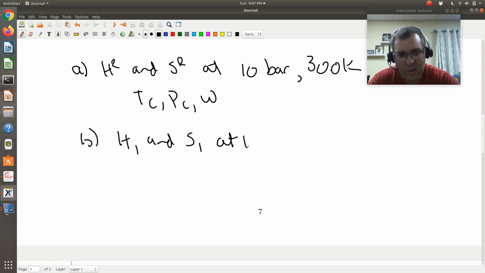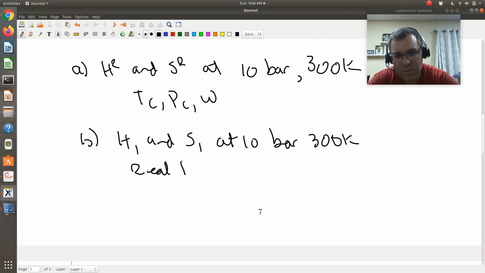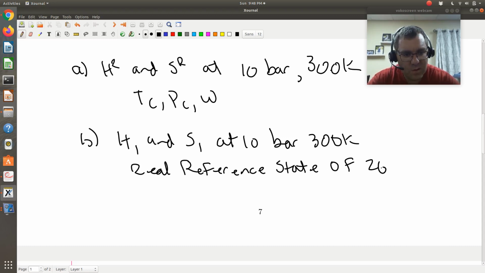And so that's at 10 bar, 300 Kelvin, and we're going to have a real reference state of 266 Kelvin and 1 bar.